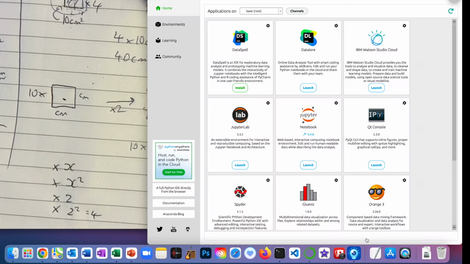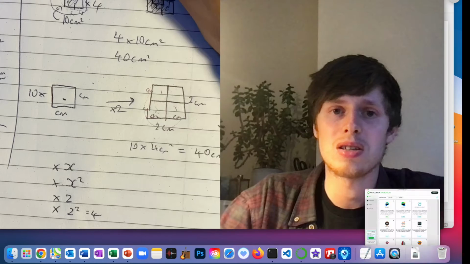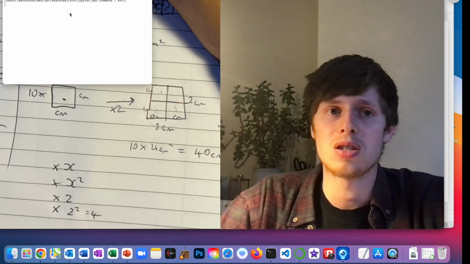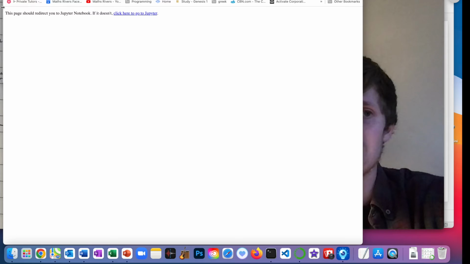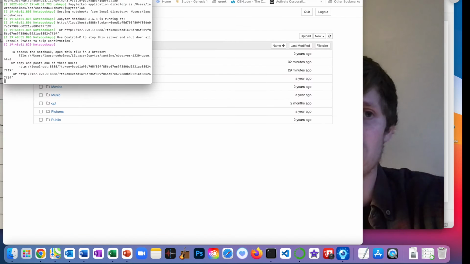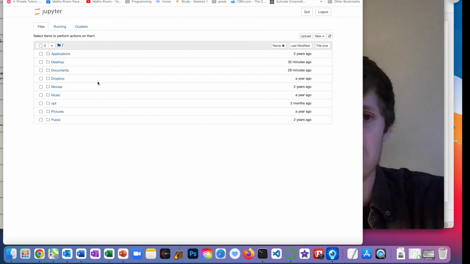Can you see here, Jupyter Notebook? I'm going to launch that. Let me hide that. It just launches a terminal window, and it's going to load something when it's ready. Okay, it's done that. Gosh, I've got a lot of tabs on. Documents, let me go on to, I should really cut this stuff out.